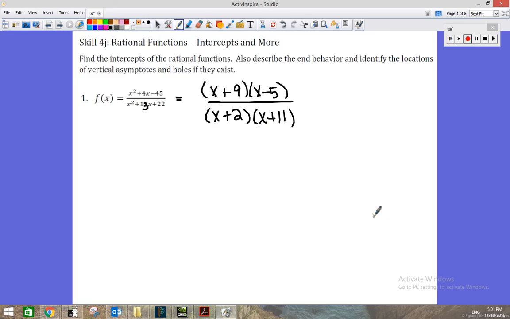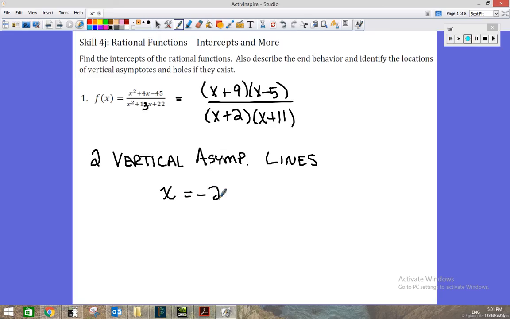So as far as the vertical asymptotes go, there are no common factors, so we're throwing negative 2 and negative 11 out of the domain, and they're both vertical asymptotes. So this graph is going to have two vertical asymptotes. They are the lines x equals negative 2 and x equals negative 11.